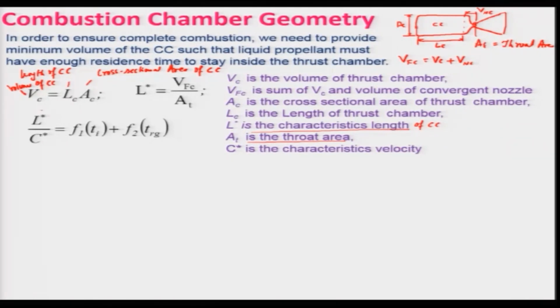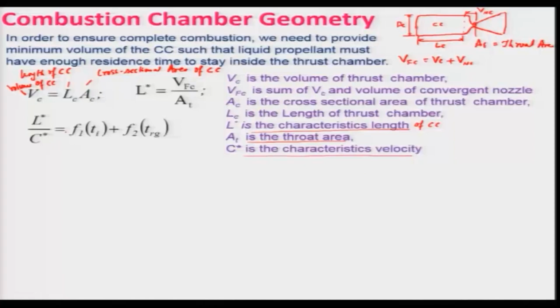So we can define a non-dimensional parameter, L star divided by C star. C star is the characteristic velocity. As we already have learned, C star represents how good the combustion is in a combustion chamber of liquid propellant rocket engines.